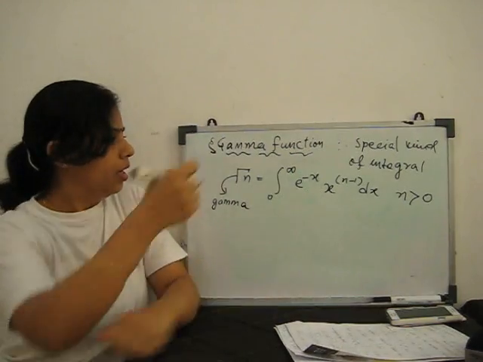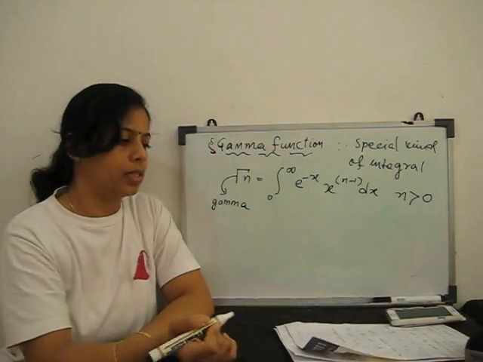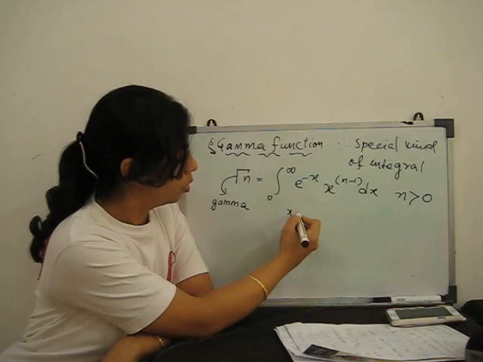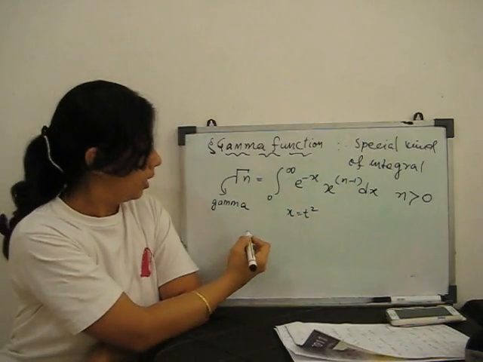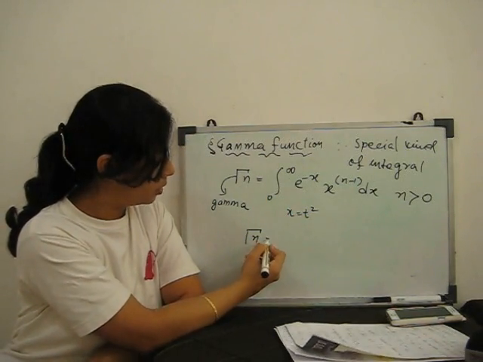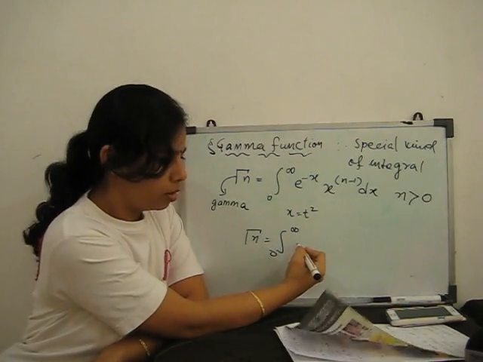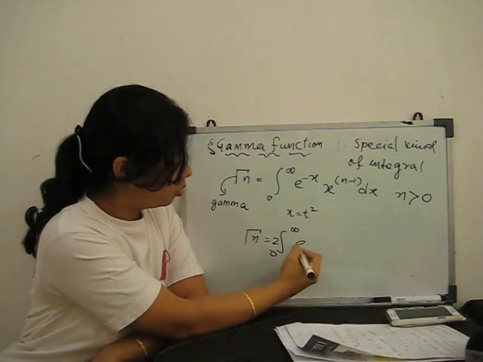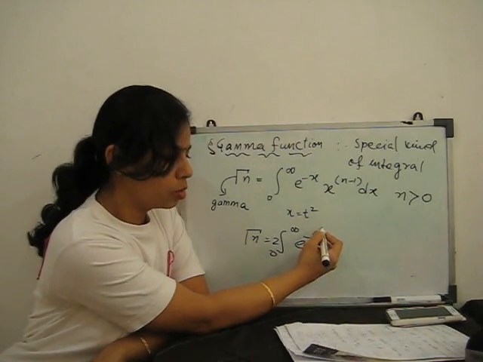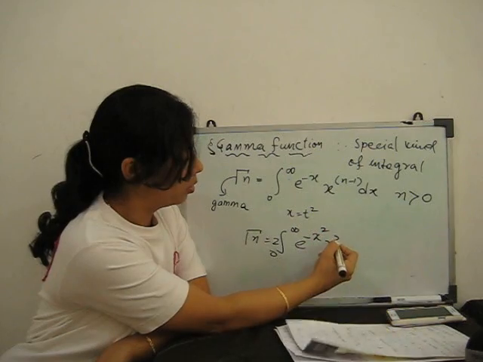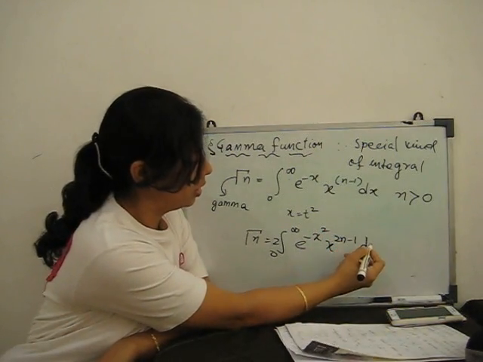Another way: if we put x equal to t square, then another form of the gamma function is the integral from 0 to infinity of e to the power minus x square, x to the power 2n minus 1, dx.